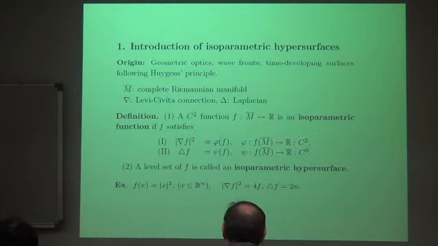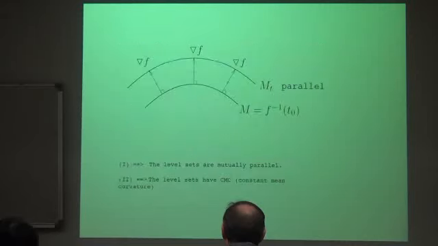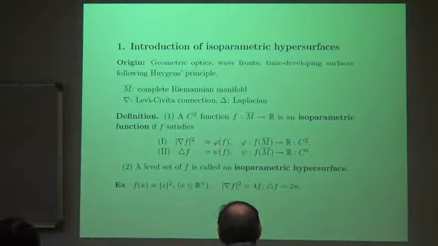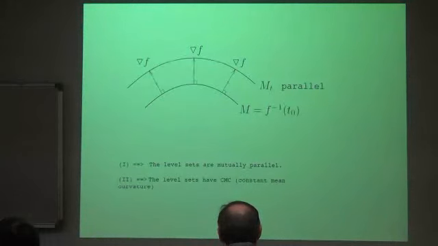This condition geometrically means the following. If we restrict to the level set of f, where f has constant value t0, the left-hand side takes a constant value along the level set. So this means that each level set is parallel to each other.